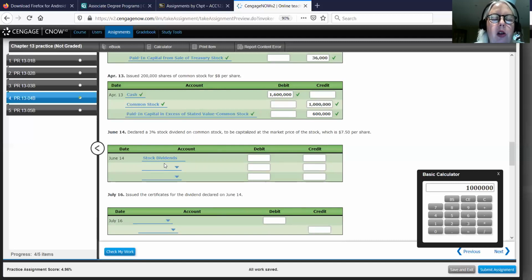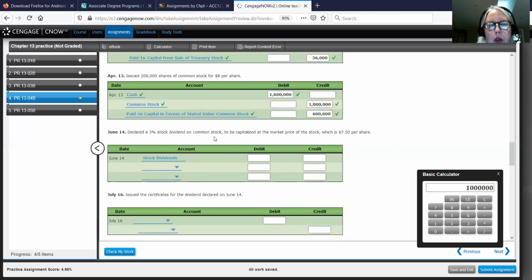We're giving the stockholders shares of stock instead of actually paying cash for this particular type of dividend. So our stock dividends account would have to be determined by determining 3% of the shares of stock that we have on hand as of June 14th.